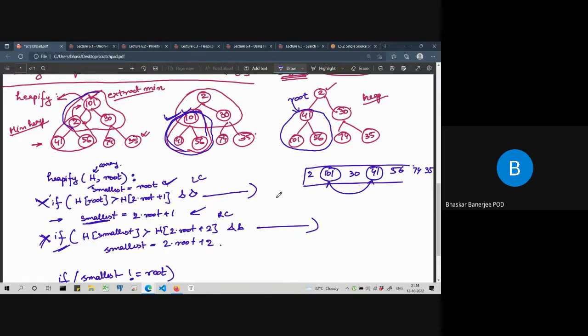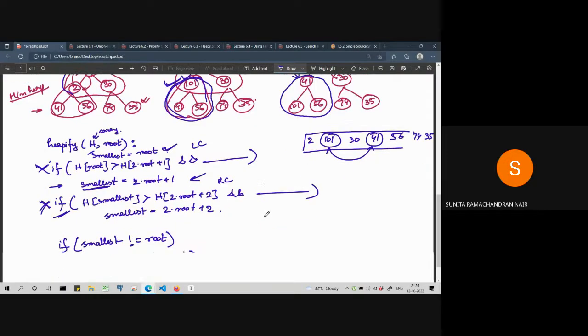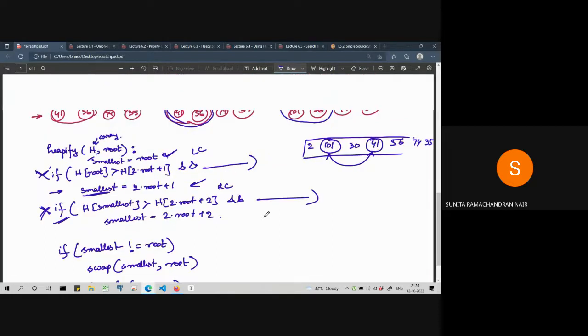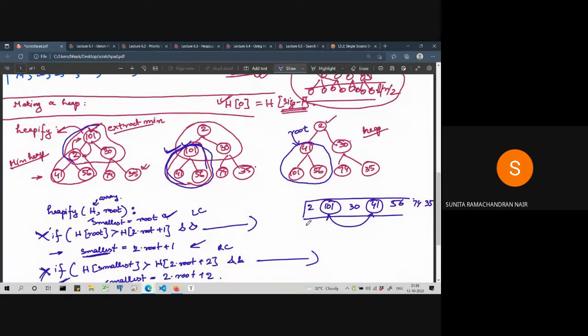Okay. Also, sir, while comparing the smallest with both the children, is it necessary that we compare it with both children? Is one child not enough to compare? If I compare it with one child and it is smaller, fine, no problem. Let's check that. What happens? Let's say I have in a heap 201 over here, and I have 46 over here, and let's say I have 20 over here.